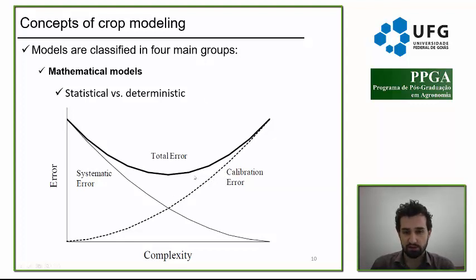So you need to find something here in the middle where we have a minimal representation of our system, but this representation can be calibrated very well to avoid error in the simulation. So you also try to find a model that is near this point here where the total error is small. Okay.